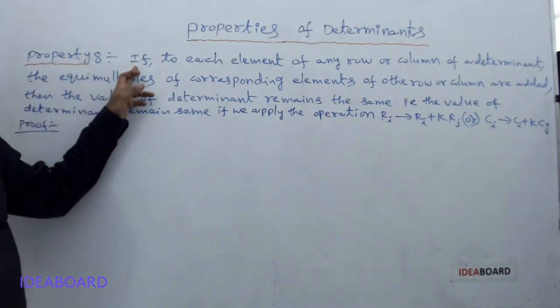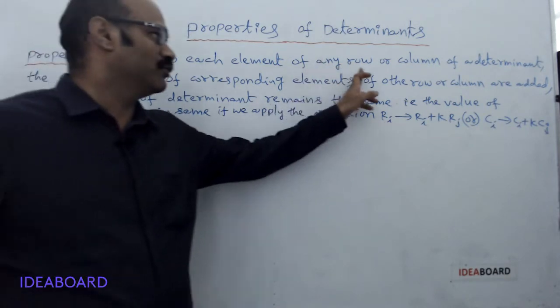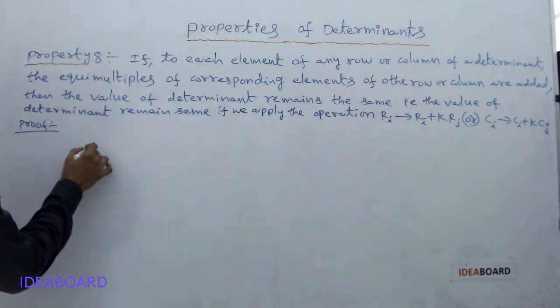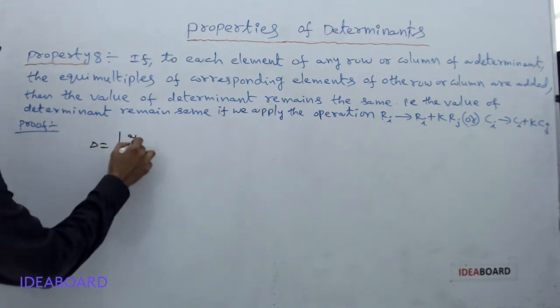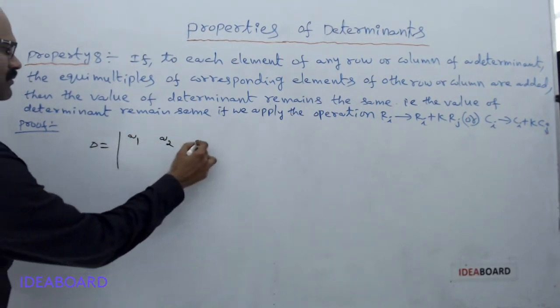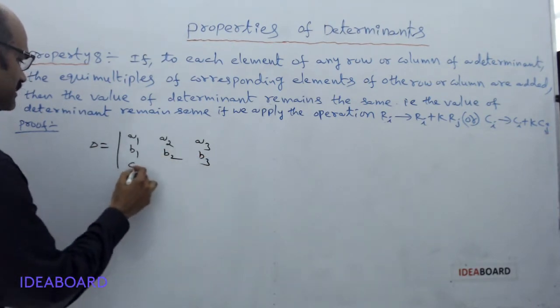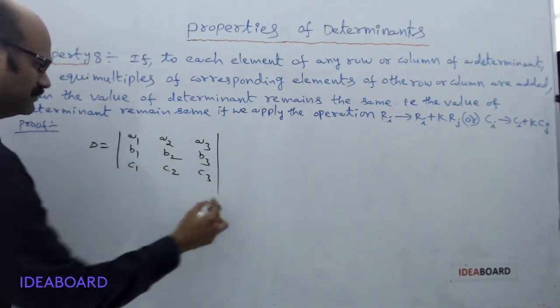Property 8. If to each element of any row or column of a determinant, let me take a determinant here, delta equal to A1, A2, A3, B1, B2, B3, C1, C2, C3.